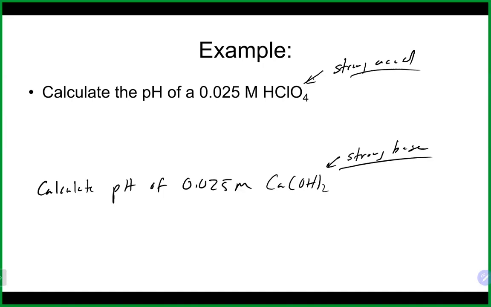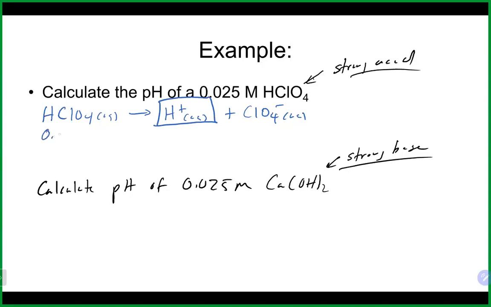All right, so the first one here is a strong acid, and what that means is a strong electrolyte, which means it is not going to stay together in solution. It will 100% break apart basically into H plus and a little perchlorate. In terms of the pH, it is the H plus concentration that's most important here. So since the whole thing is 0.025 molar, this once again is a 1-to-1 relationship.